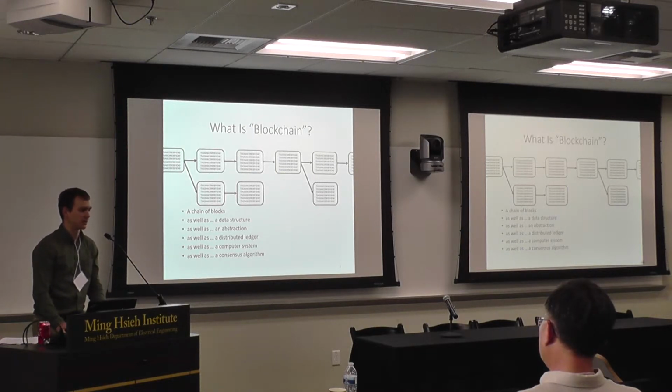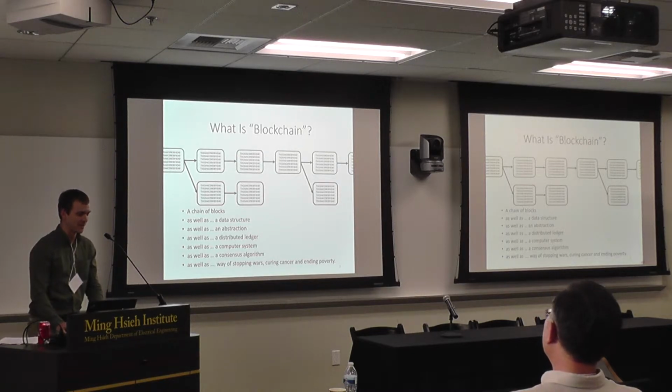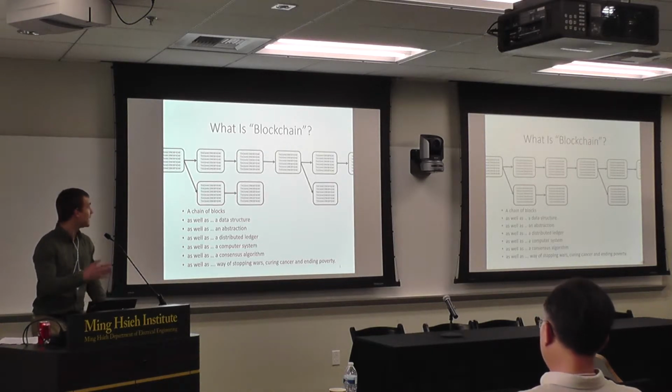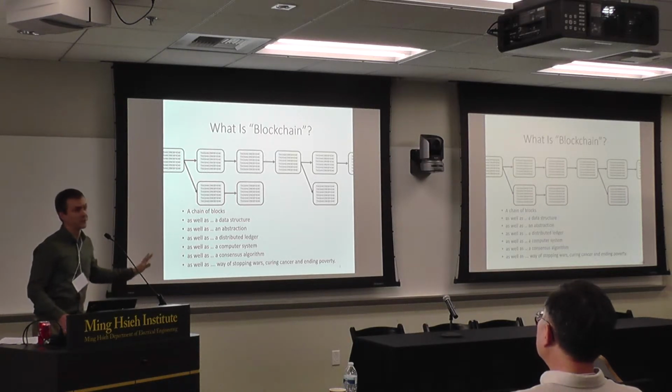It's a consensus algorithm. It's a way of stopping wars and curing cancer and ending poverty and everything. It's just a revolution. It's revolutionizing the world, right? And it's great that people talk that much about that. And any of these things, in some context, is true. Well, maybe except for the last one. We will see.